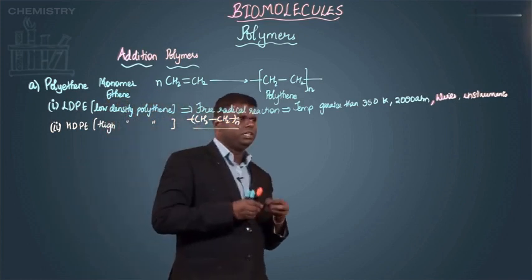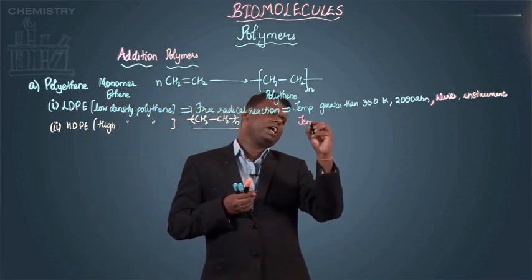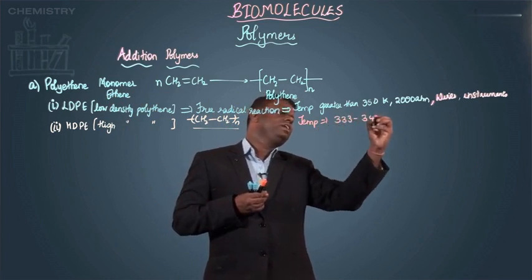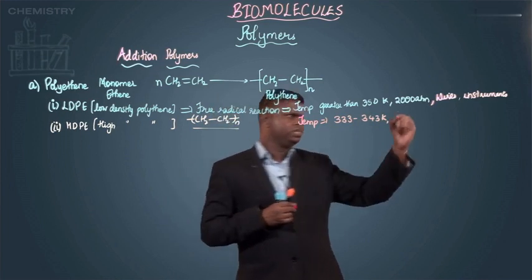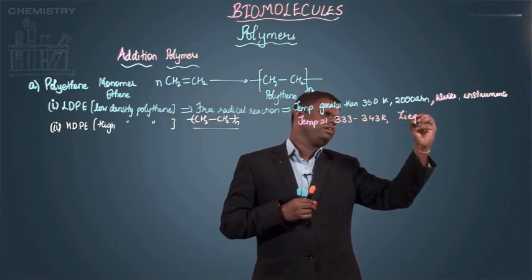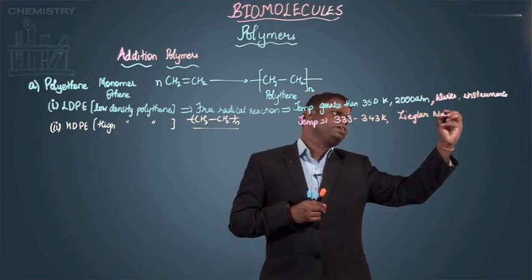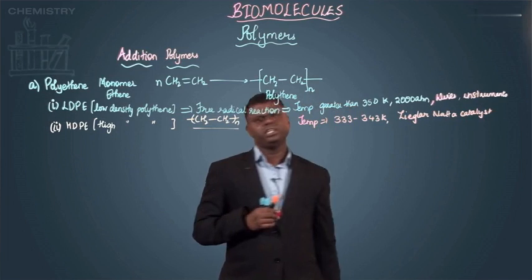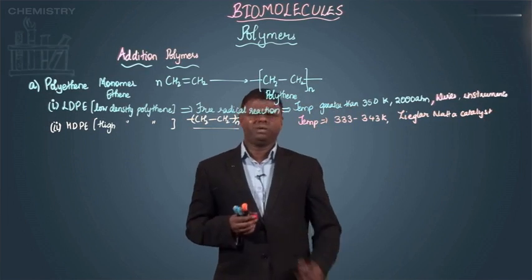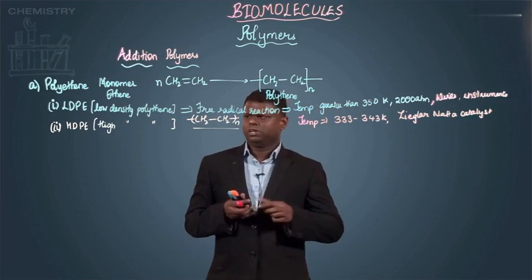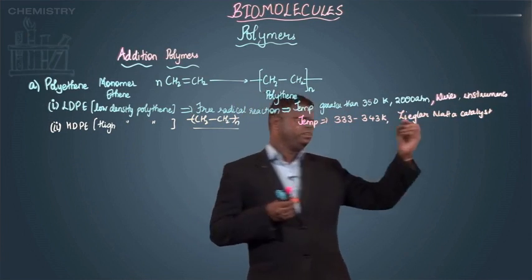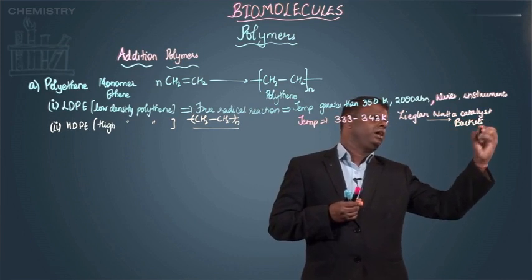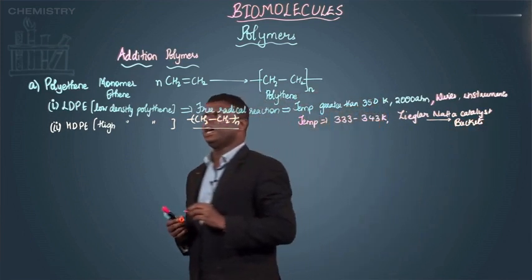The temperature for this reaction is around 333 to 343 Kelvin, and we use the Ziegler-Natta catalyst, which is basically a mixture of TiCl4 plus triethyl aluminium. It is used in buckets and all those plastic items which we have been using.